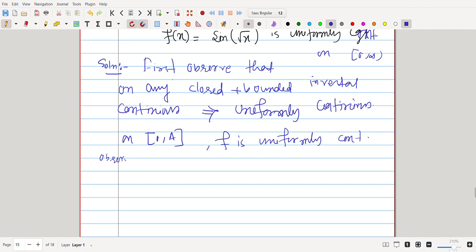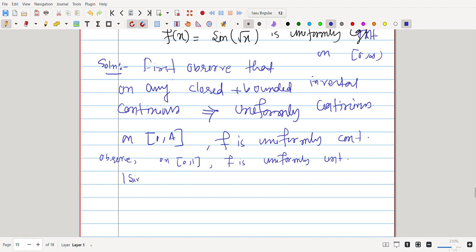Observe on 0 1, f is uniformly continuous, right? And again, sin root x is differentiable on open 0 to infinity.